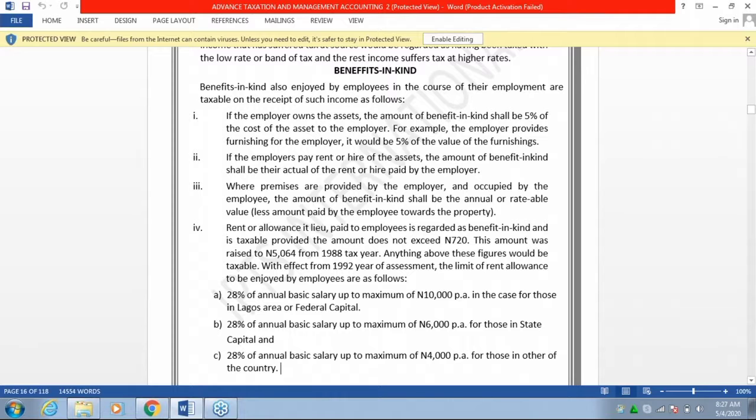With effect from the 1992 year of assessment, the limits of the rent allowance to be enjoyed by the employees are as follows. Number 1, 28% of the annual basic salary or a maximum of 10,000 naira per annum for those in Lagos area or the Federal Capital Territory.